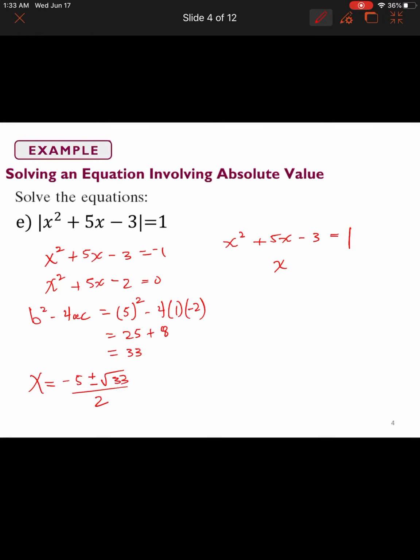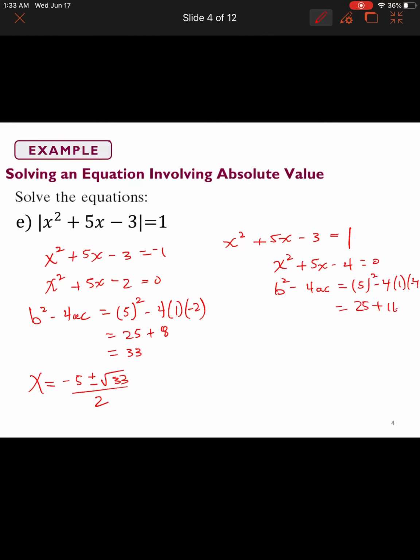Now when we toss this information into the right hand side, we have x squared plus 5x minus 4 equals 0. Again, go ahead, get your discriminant up in there. That gives us 5 squared minus 4 times 1 times negative 4.